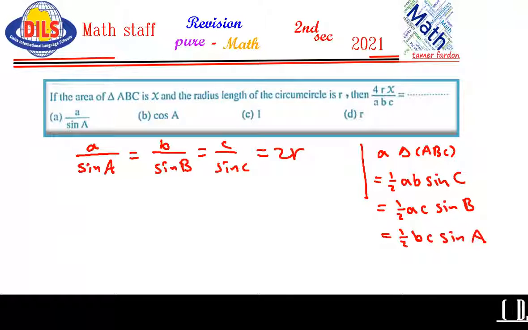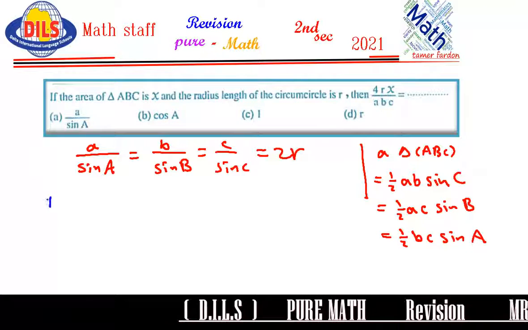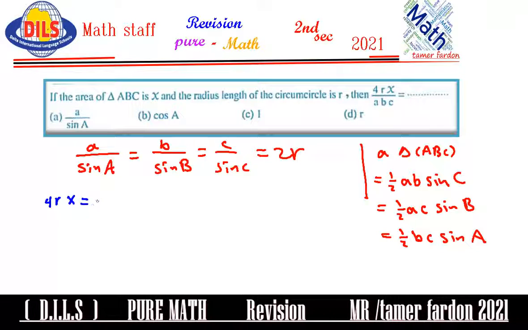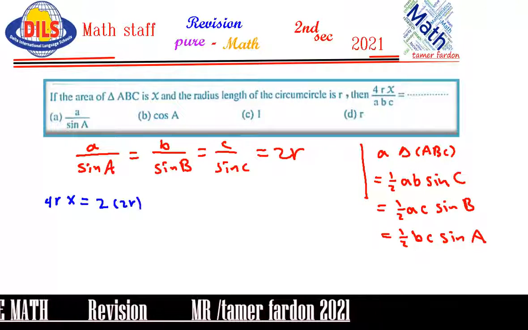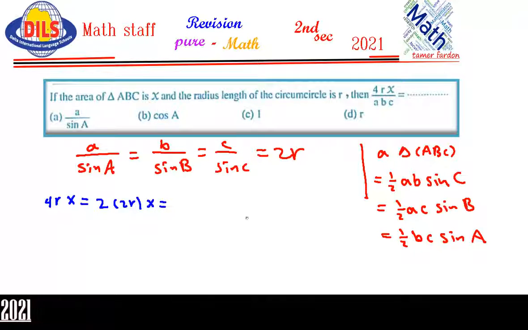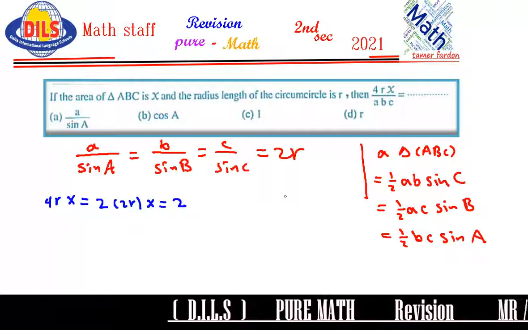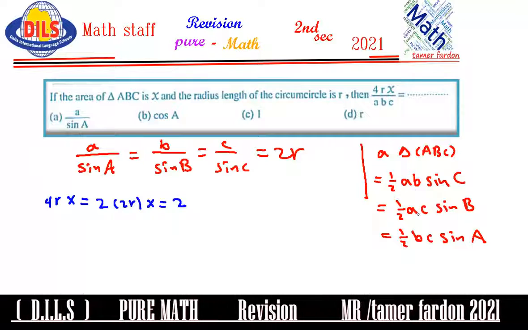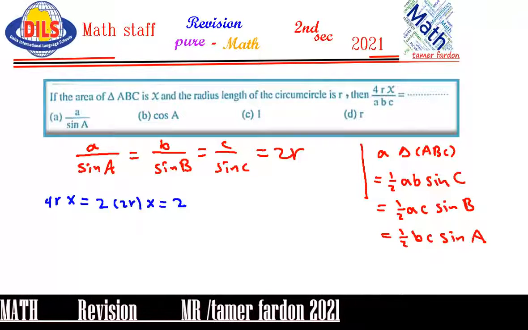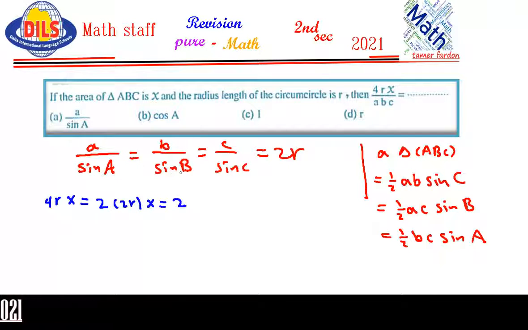So for r x, we can write it as 2 times 2r times x, where x is the area of the triangle ABC. This equals 2 times, we can replace 2r by any ratio of the given ratios, a over sine A or b over sine B, c over sine C, from the sine rule.